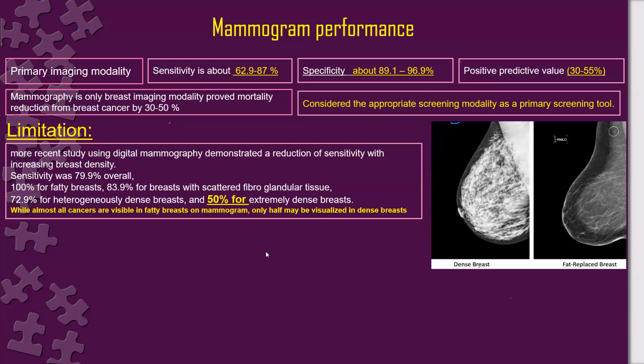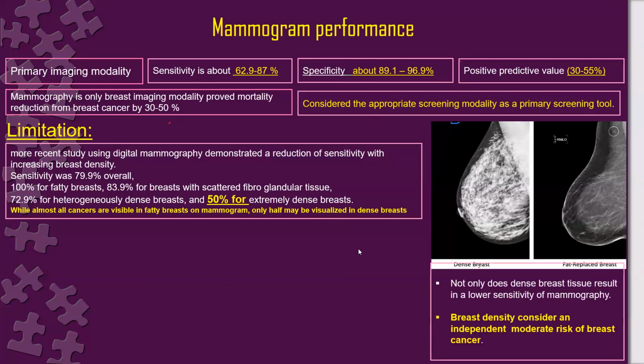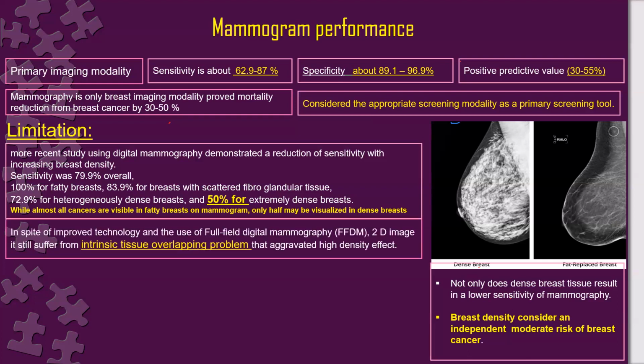In almost fatty breasts, almost all cancers can be visible, while only half of cancers can be seen in extremely dense breasts. And it not only obscures underlying cancer, it is also an independent, moderate risk factor for breast cancer, the high density.